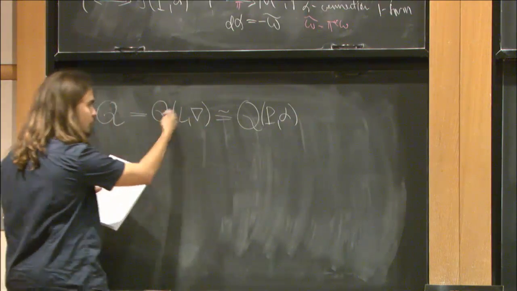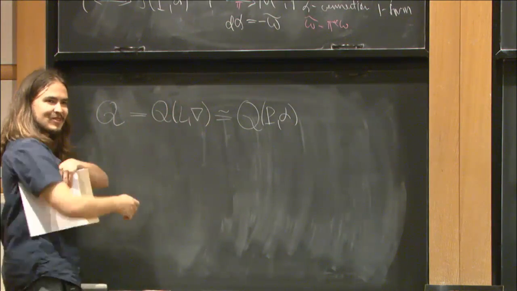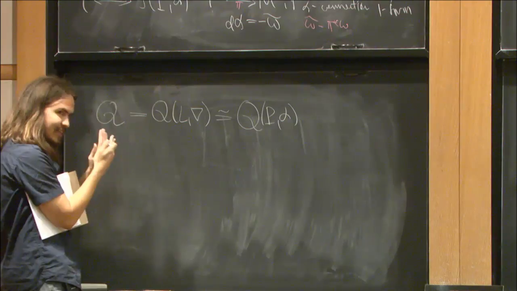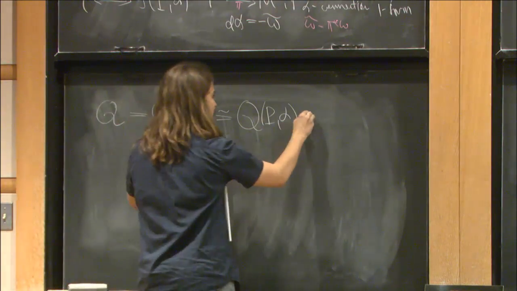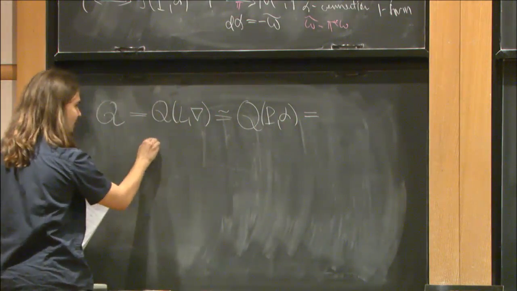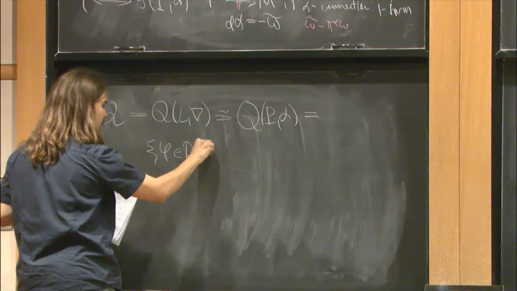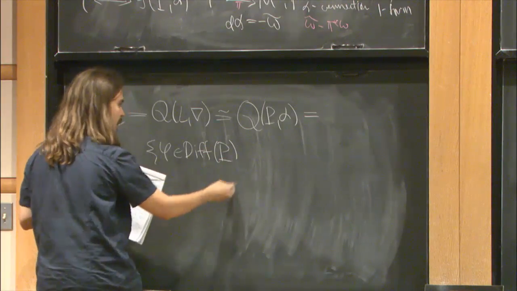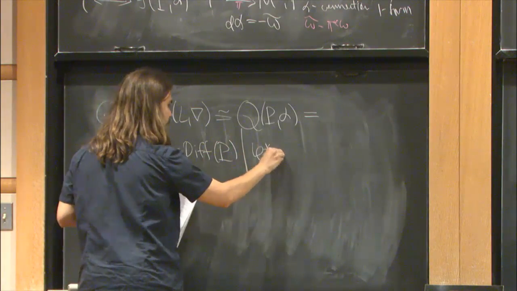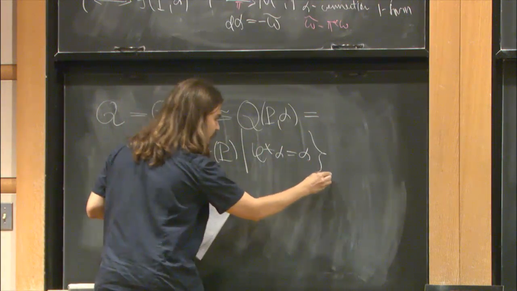So these are just the automorphisms, but those that don't necessarily restrict to identity on the base. Okay, so in this notation, it's very nice to write. These are all phi, diffeomorphisms of P, such that phi star alpha is alpha, and we take the identity component.